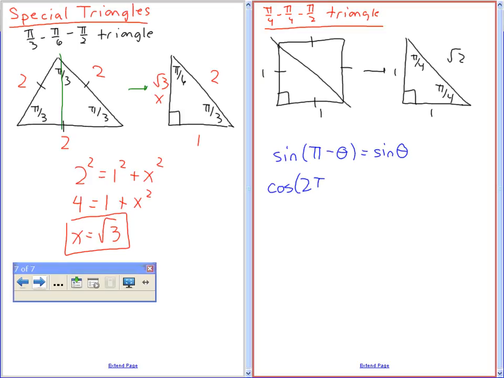Cos of 2 pi minus theta equals cos of theta. Okay, these are 3 other things that will be useful to you.